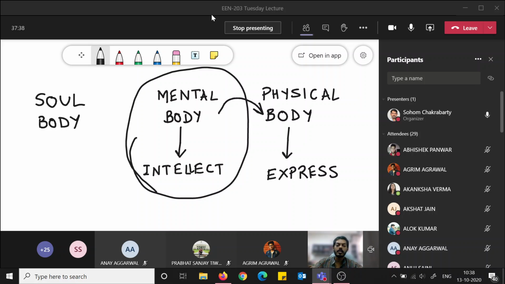So when we think about ourselves as a combination of soul body, mental body and physical body, then the purpose of physical body and mental body is quite apparent. But what is the purpose of the soul body? What is it doing within us? This needs to be understood.